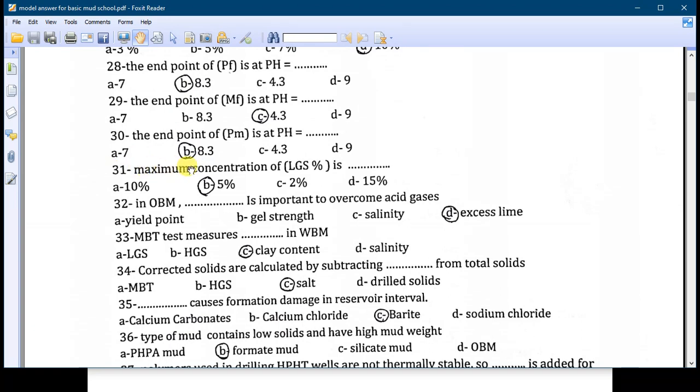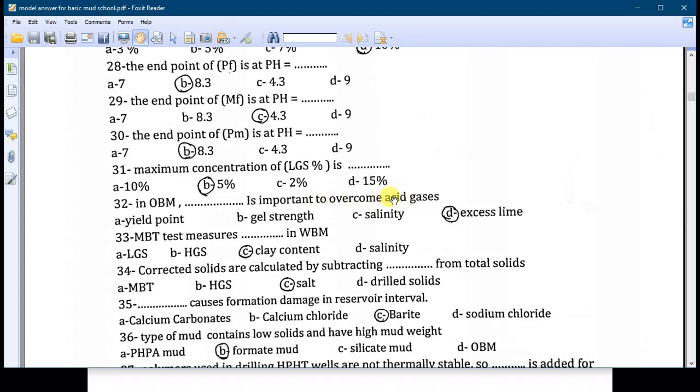Number 31, the maximum concentration of the low gravity solids, in order not to make a big problem for the solid content in the mud, is about 5%. Okay, in oil-based mud, what is important to overcome the acid gases?